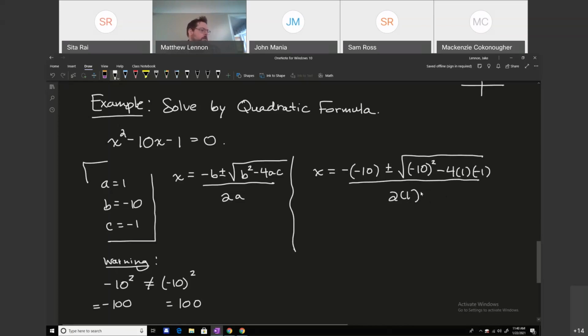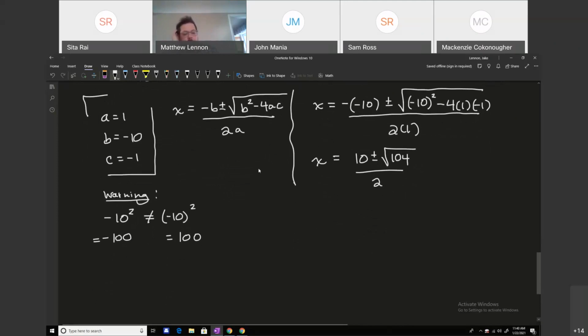And then we just use arithmetic to simplify. So we'll get x is equal to 10 plus or minus the square root of 104 over 2. And then remember, really, this is 2 answers, right?